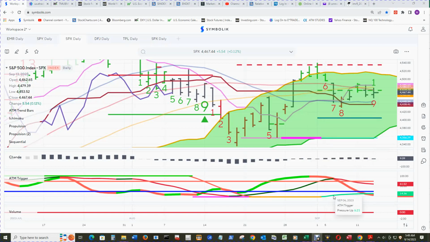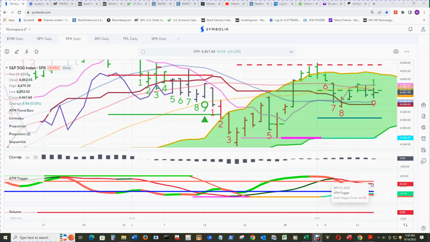The ATM trigger pressure up is flattening out and not going above the oversold 25 yet, and the fast trigger is still under the oversold 25, and the slow trigger is not doing much either.